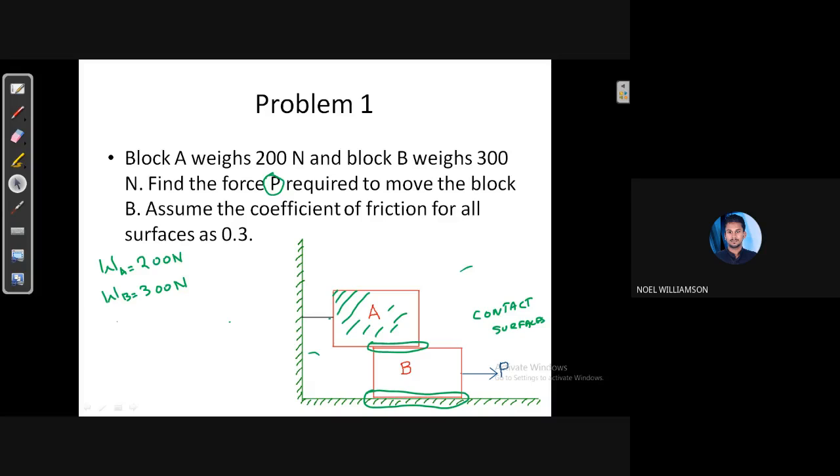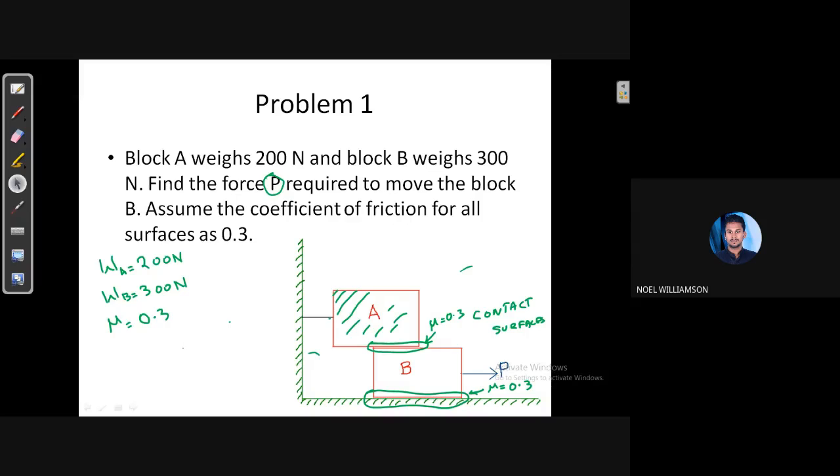That is the value of mu for all contact surfaces. Here mu equals 0.3, and here also mu equals 0.3.